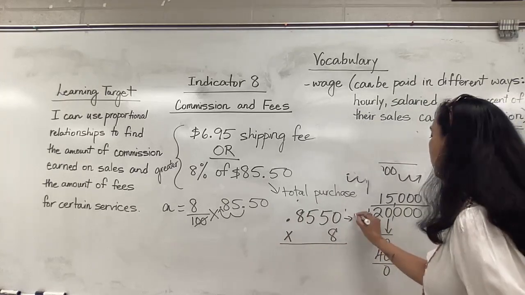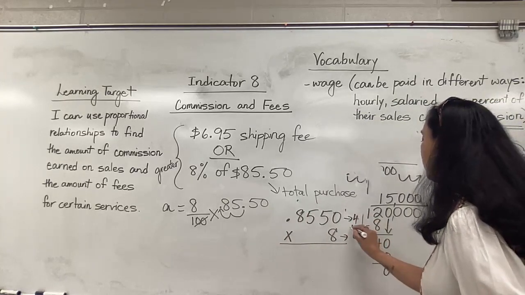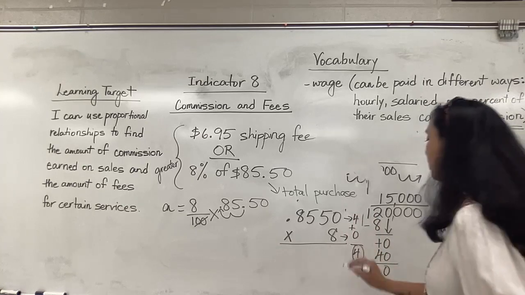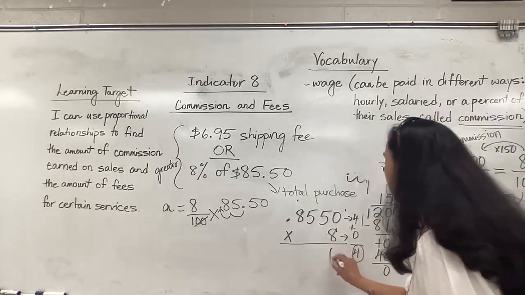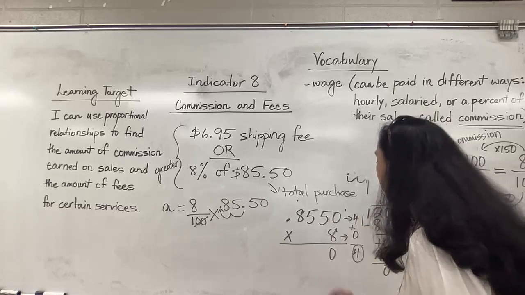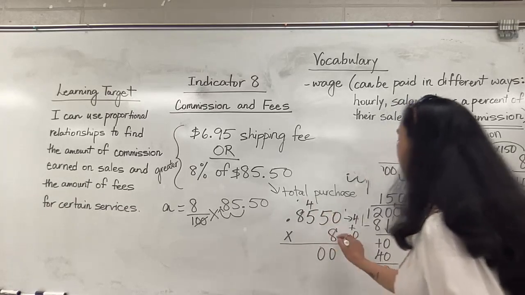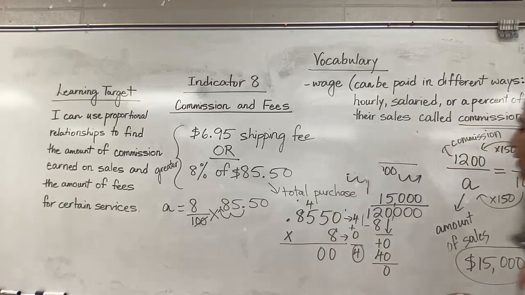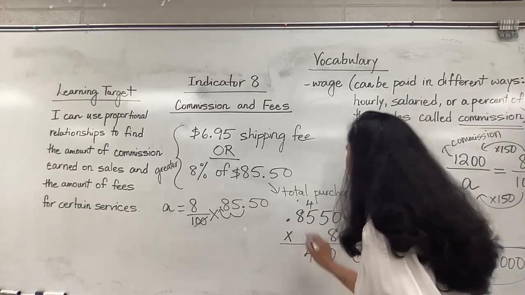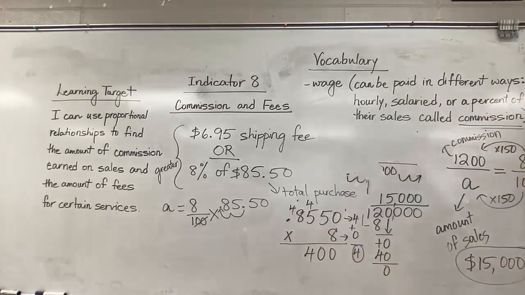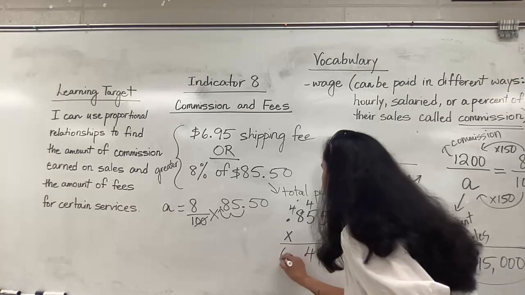Here I have 4 digits after the decimal, so the total is 4. 8 times 0 is 0. 5 times 8 is 40, carry over my 4. 5 times 8 is 40, plus 4 is 44. 8 times 8 is 64, plus 4, and I get 68.